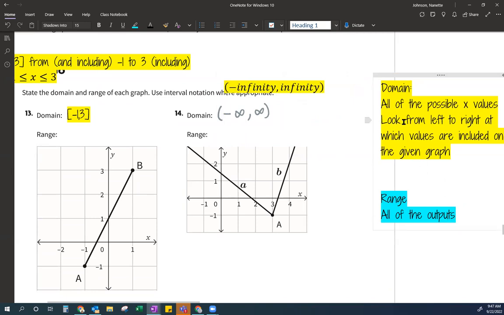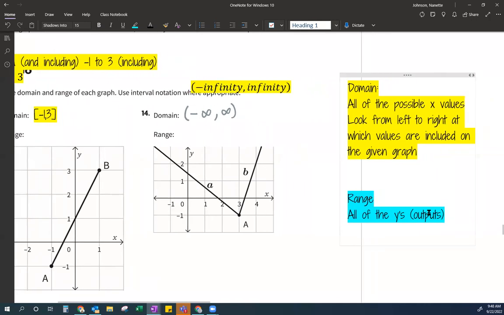And so here, instead of looking from left to right, because we're looking for all of the Y's, let's put that Y's, and then we'll put outputs. And instead of looking from left to right, because we're looking at the Y's, Y direction is up and down, right?